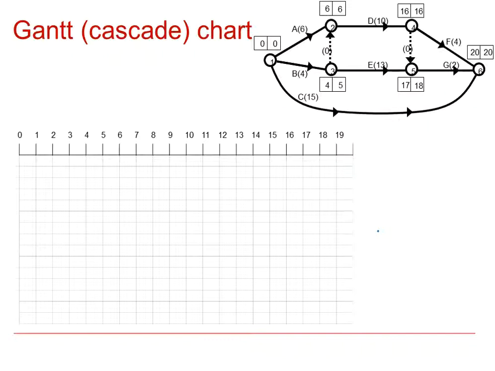So now we're going to have a go at creating the Gantt chart for this project. We already know which activities were critical. They were A, D and F. So the convention is to put those on first and put them together. So A would go from 0 to 6.